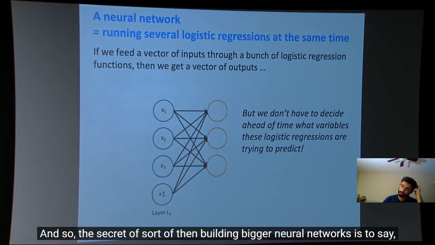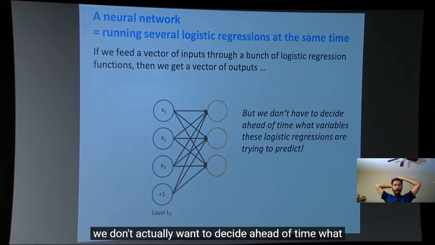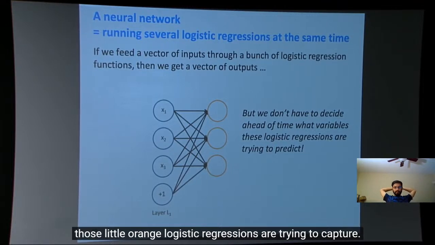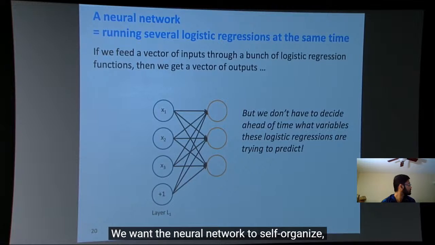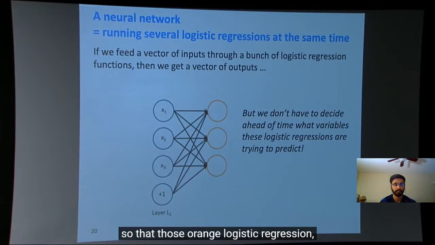And so the secret of building bigger neural networks is to say, we don't actually want to decide ahead of time what those little orange logistic regressions are trying to capture. We want the neural network to self-organize so that those orange logistic regression units learn something useful.